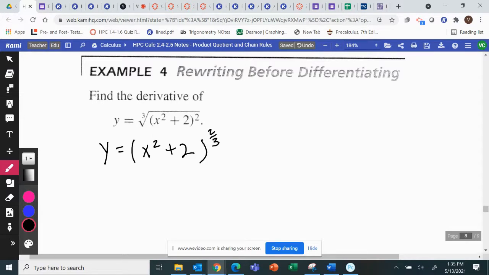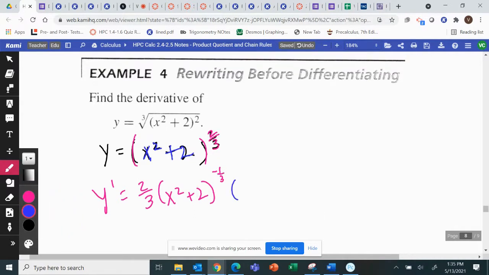And then when I see this, I say, ooh, this is the general power rule, AKA the chain rule. We've got this outside function to a power, and then we've got our inside function. So I'm going to differentiate. I'm going to get 2/3 times x squared plus 2 to the what? Negative 1/3 is correct.